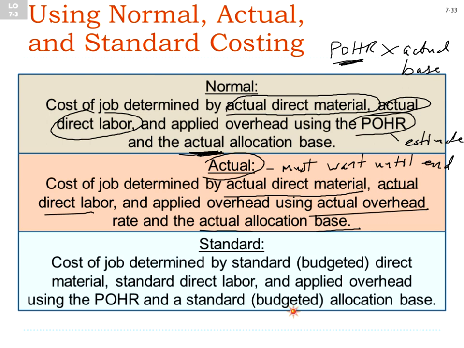So everything here is budgeted. Again, this is called standard costing, and it's not going to be as accurate as the other two, but it's something that you can calculate beforehand because you have your budgeted amounts. However, it's just not going to be as accurate as the other two.